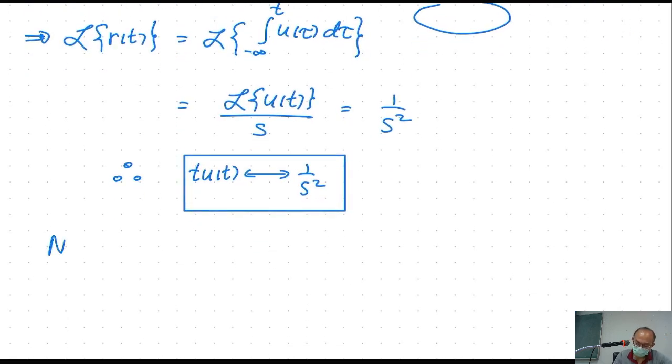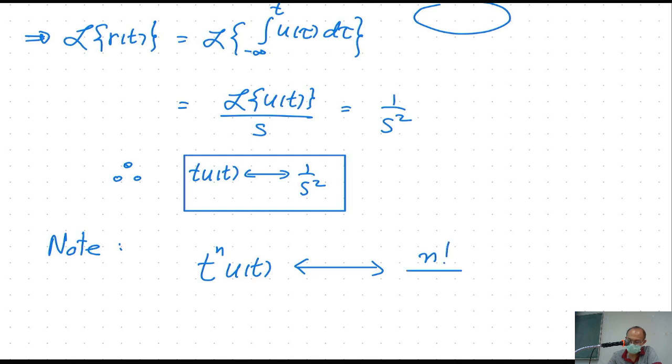And we may take a note that if you take the Laplace transform of t to the n, the n-th power of t, times u(t), you will find using the time integration as well that it is equal to n factorial over s to the n plus 1.